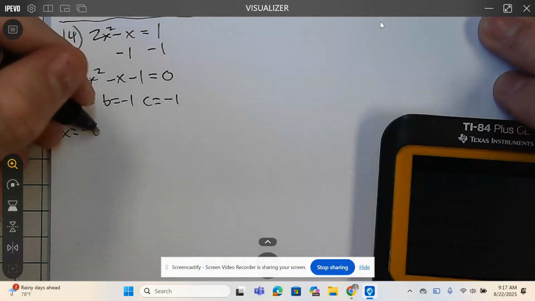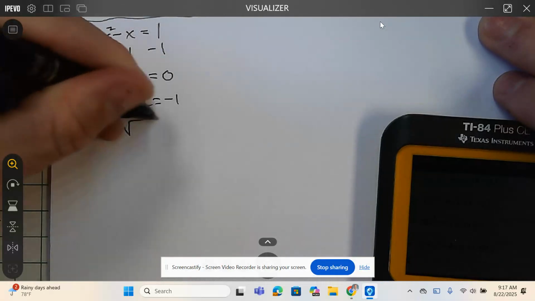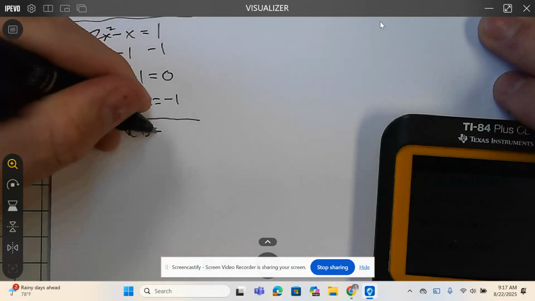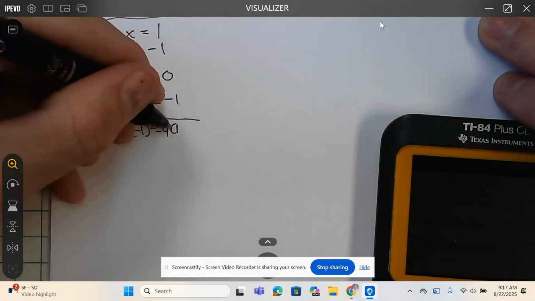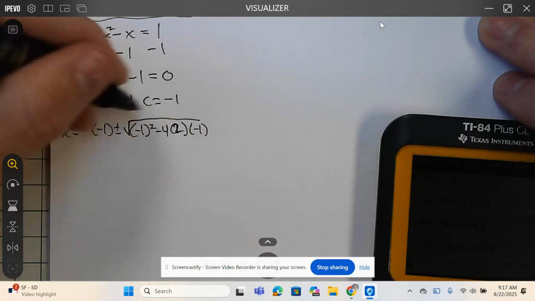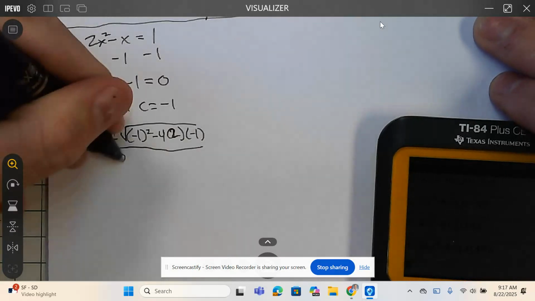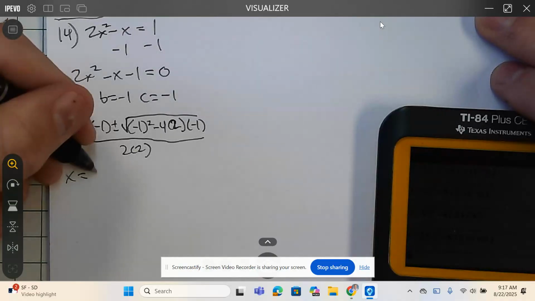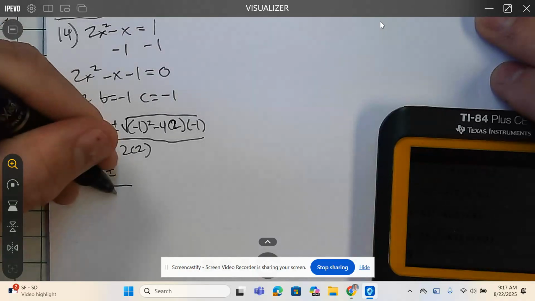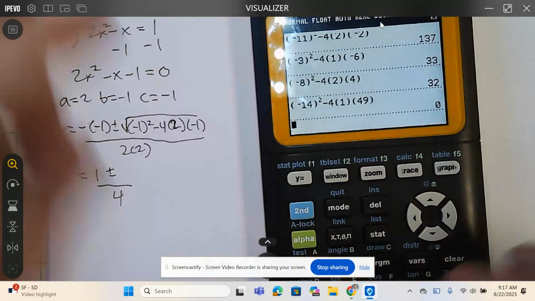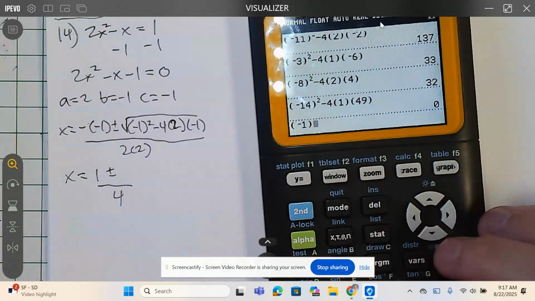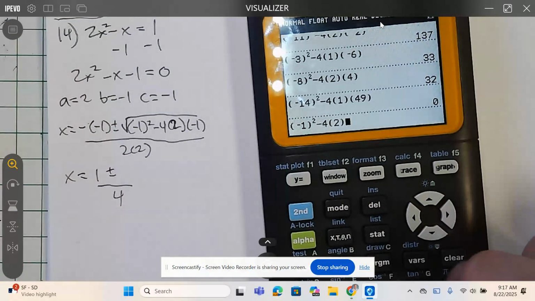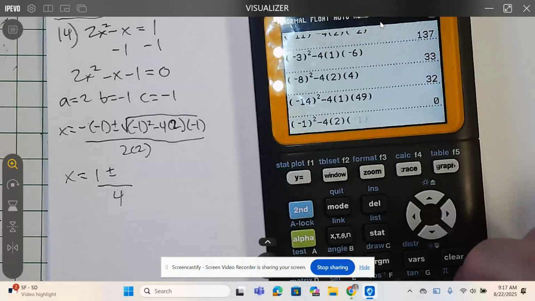X equals -b plus or minus the square root of b squared minus 4ac all over 2a. Negative times -1 is +1. 2 times 2 is 4. So -1 squared minus 4 times 2 times -1.